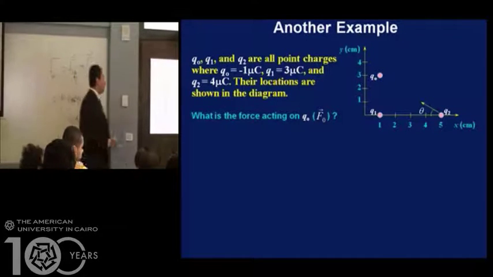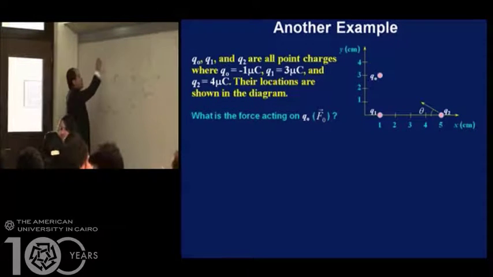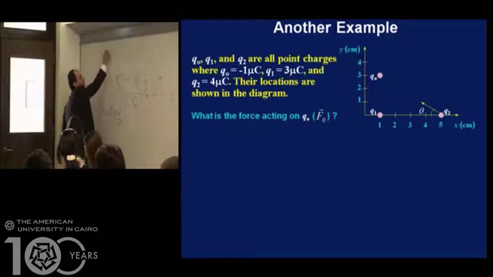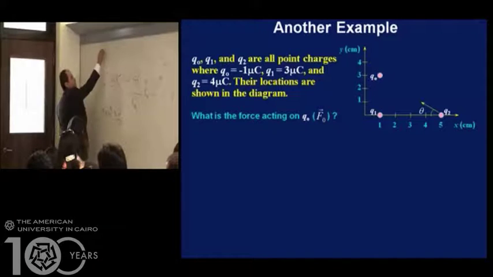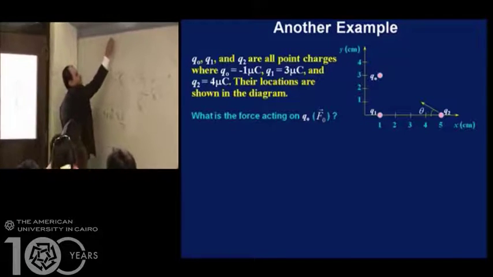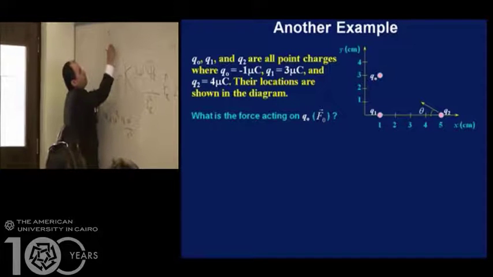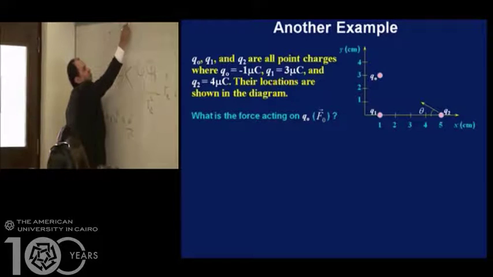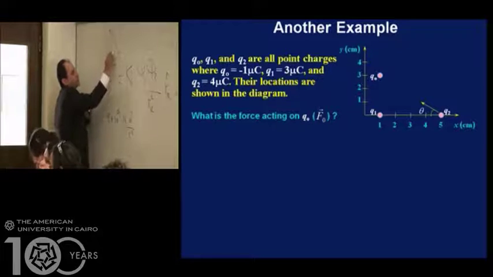Then, in that case, that's Q0, that's Q2. The direction of the force is going to be along that direction. This is F. Can we break that into components? That's Fx and that's Fy. Fx is going to be F times, this is theta, F cosine theta. And Fy is going to be F times sine theta.